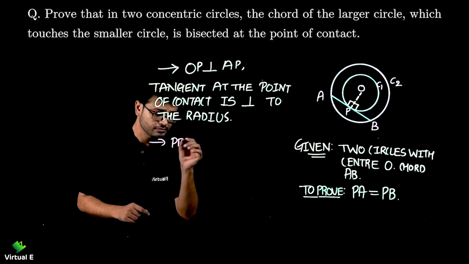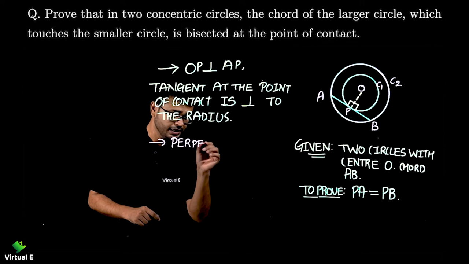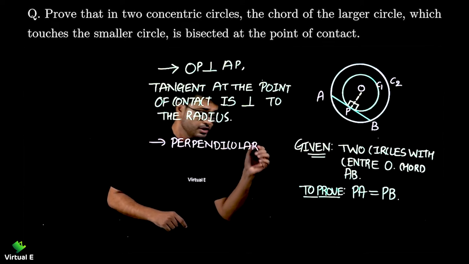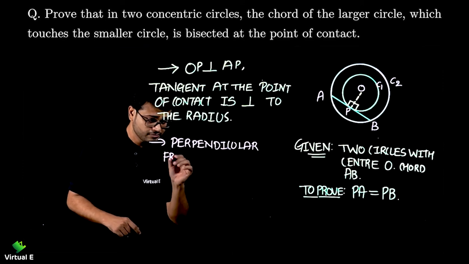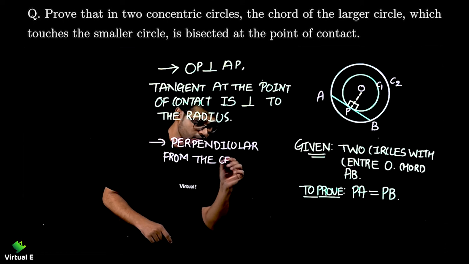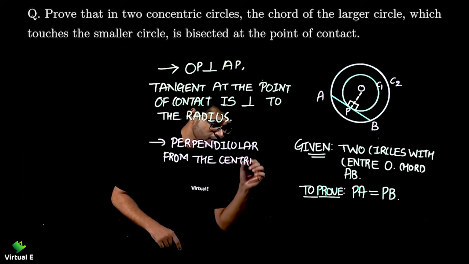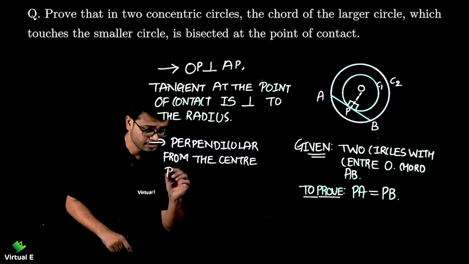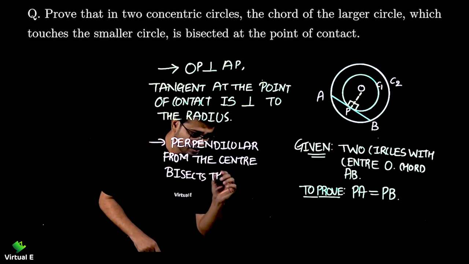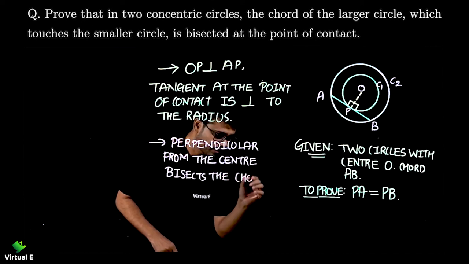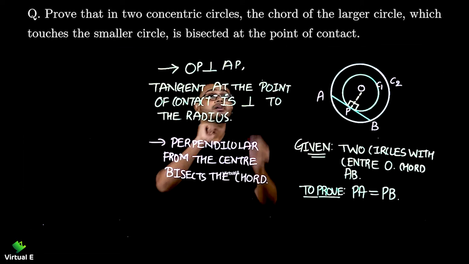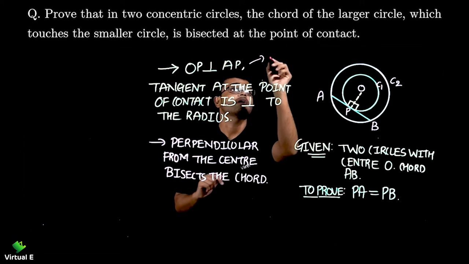Perpendicular from the center bisects the chord. Now remember, this thing we did in reference to circle 1.